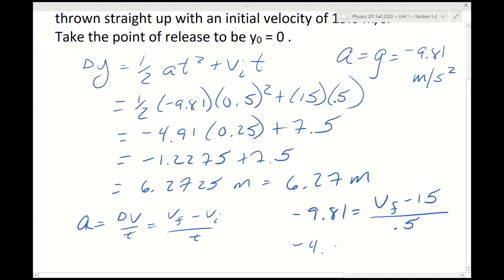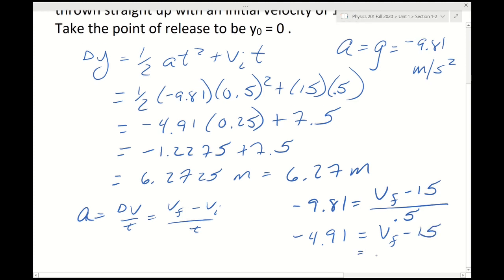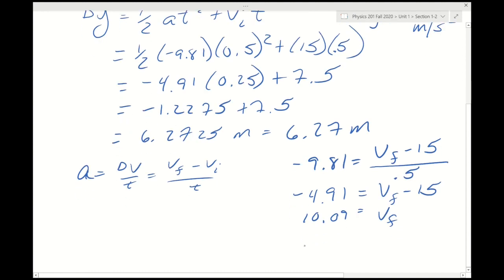Negative 4.91 is equal to vf minus 15. If we add 15 to each side, that gives us a final velocity at a half second of 10.009 meters per second. 3 significant digits would be 10.1 meters per second.